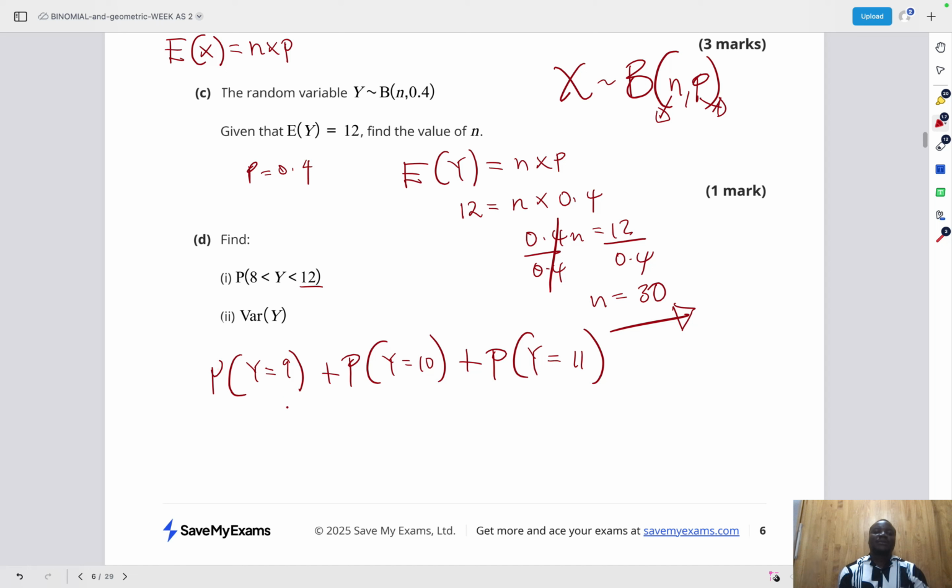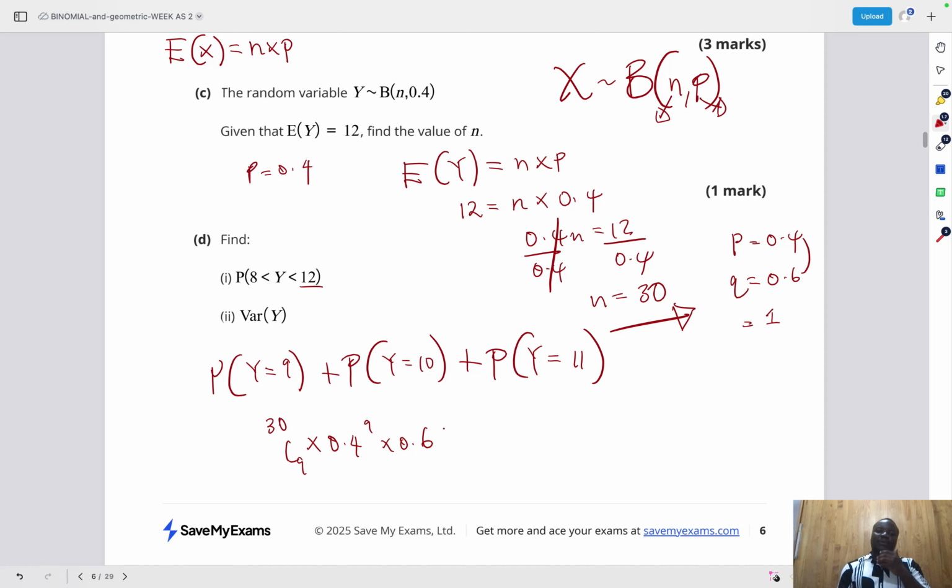So now here, it's just a calculator. Probability that Y is equal to 9 simply means 30 choose 9, times the probability of success 0.4 to the power of 9, times, sorry, 0.6, because if you have p equals 0.4, then your q is actually 0.6, because the two must add up to 1.